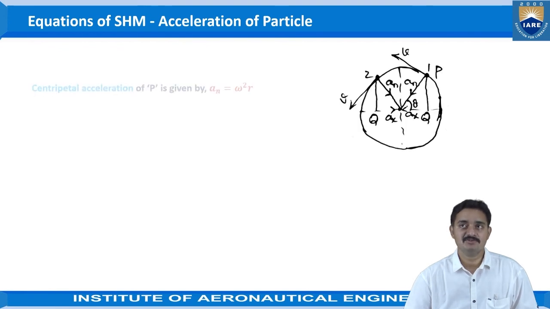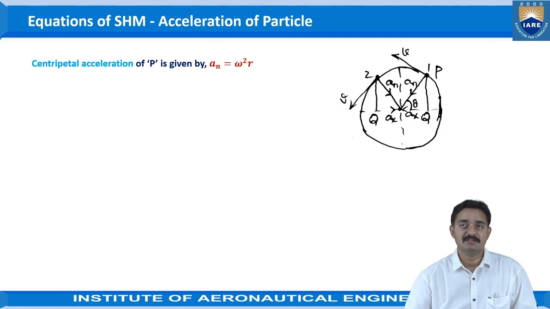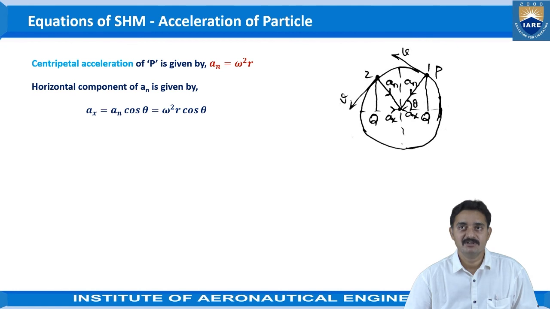Now for acceleration of the particle, consider the figure here. The centripetal acceleration of P is given by an is equal to omega square r, and the horizontal component of an is given by ax is equal to an cos theta, that is equal to omega square r cos theta.